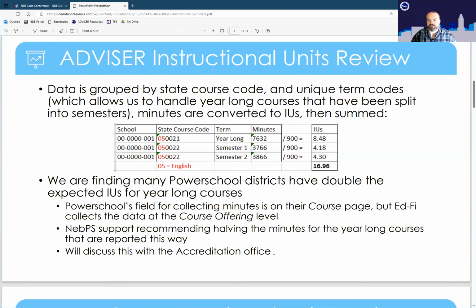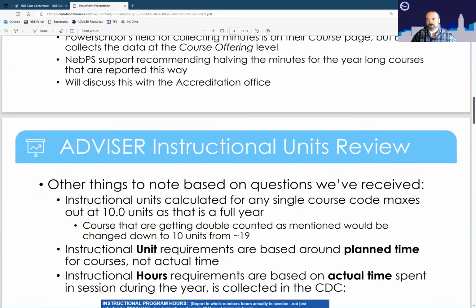I'll definitely be discussing this with the accreditation office here. At the moment, though, many people might be getting double credit unless you go adjust the minutes that you are reporting.